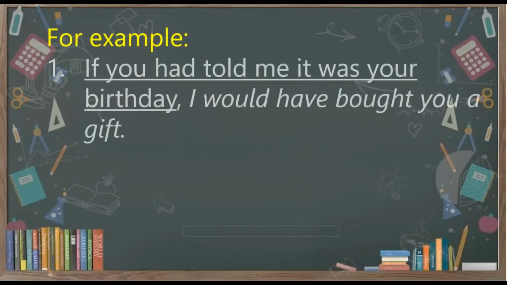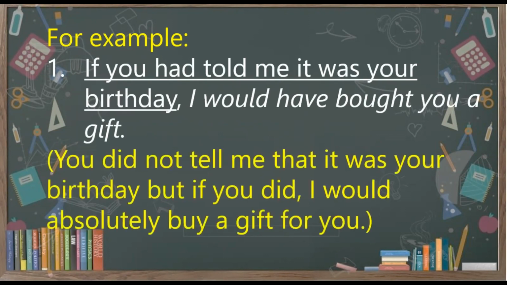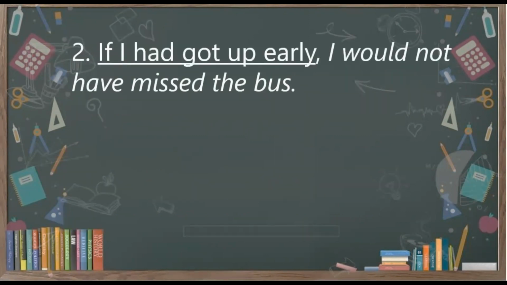Let's take a look at these examples. If you had told me it was your birthday, I would have bought you a gift. You did not tell me that it was your birthday, but if you did, I would absolutely buy a gift for you. Next, if I had got up early, I would not have missed the bus.